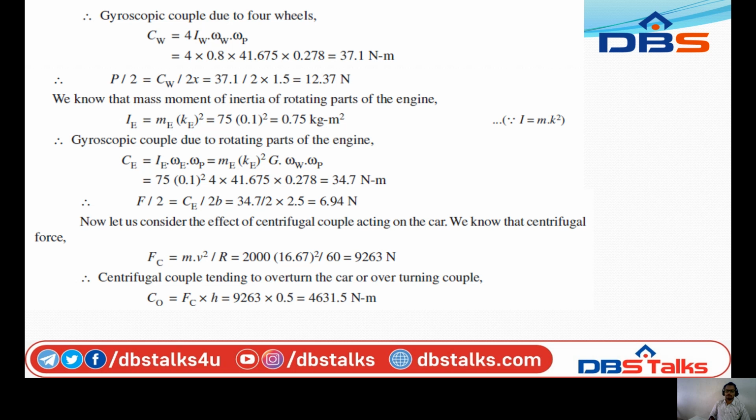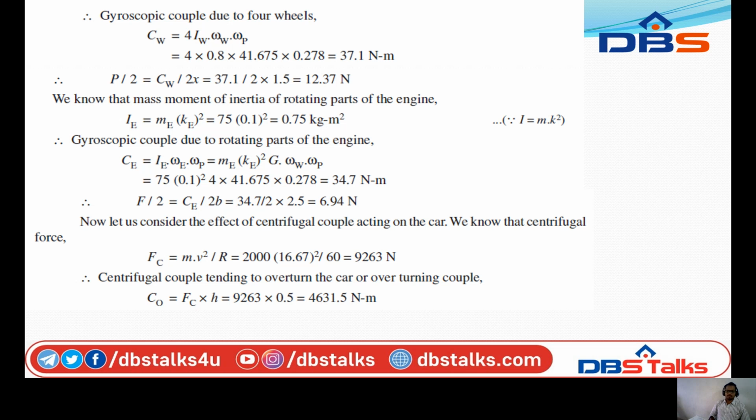The overturning couple, that is C naught, is equal to CF into H, the height of the distance. Centrifugal force is acting at a distance of h, so 9263 into 0.5 is equal to 4631.5 newton meter. So this overturning couple tends to reduce the pressure on the inner wheels and increase it on the outer wheels.